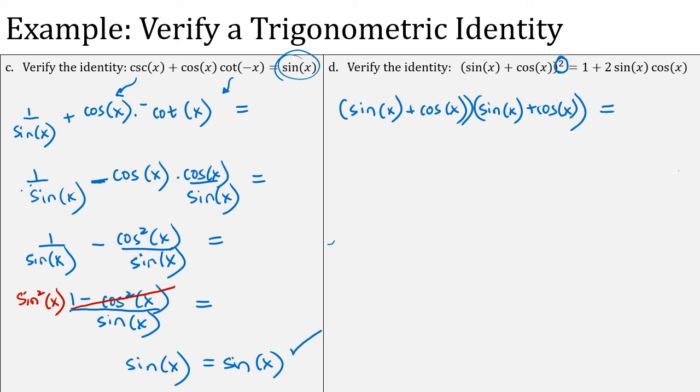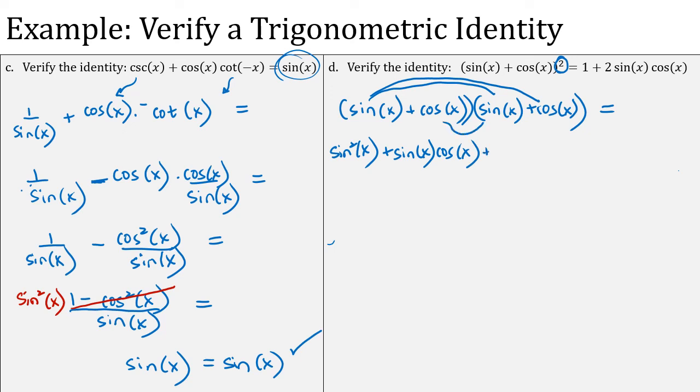Okay, so I have to FOIL, don't I? So I'm going to say sine of x times sine of x, which is sine squared x, and then sine of x times the cosine of x, so plus the sine of x times the cosine of x, plus, I'm going to do the inside terms.